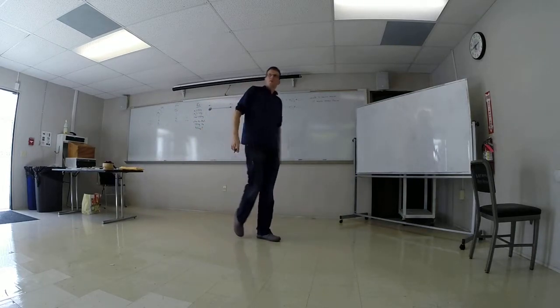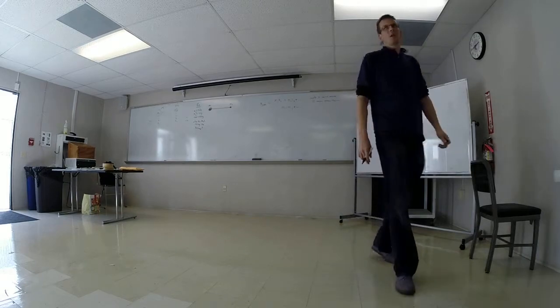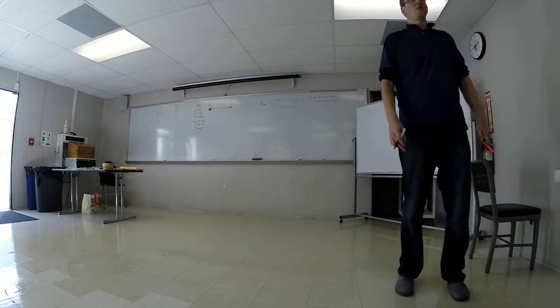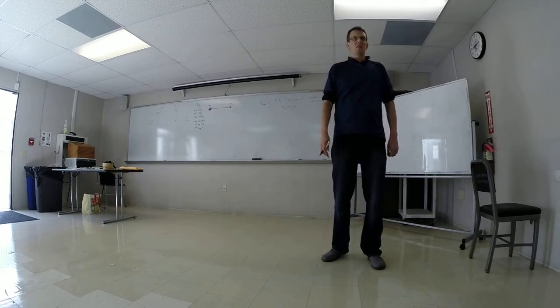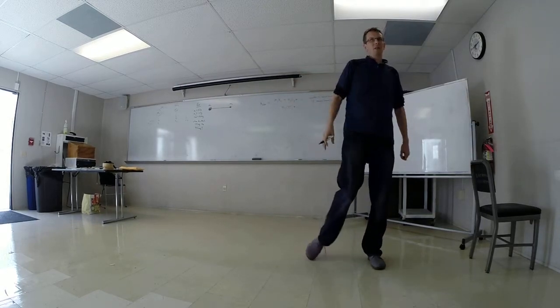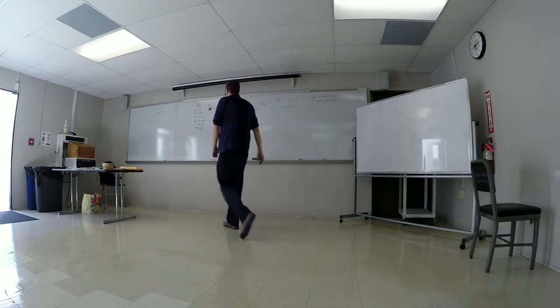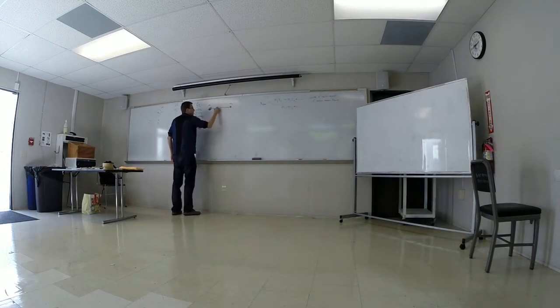So first of all, where is the string going to have to go? It's going to have to go at the center of mass, right? And looking at that, we can already see that there is definitely going to be more mass on the left end than on the right, so the center of mass is going to be somewhere over here. And I'm going to have to attach the string there.